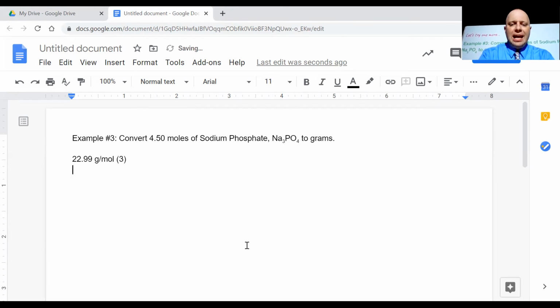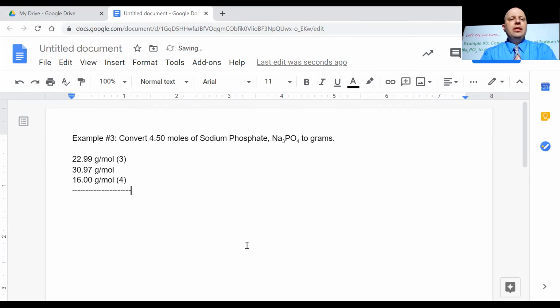And to that, we're going to add our molar mass of phosphorus. So that's 30.97 grams per mole. That's times 1. And finally, our oxygen, which is 16.00 grams per mole, and we'll multiply that by 4.